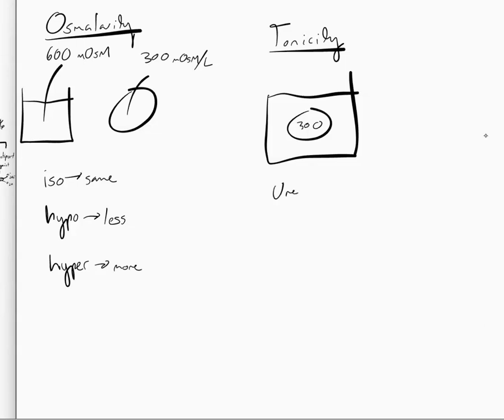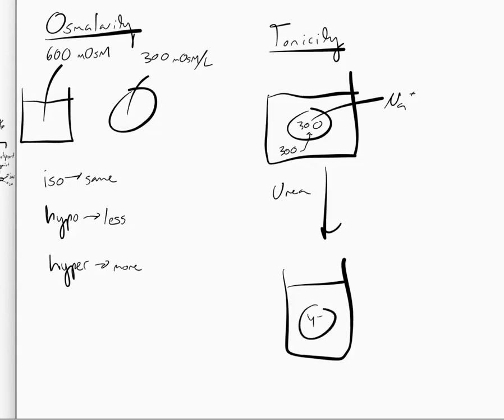So let's say we had urea, we put 300 milliosmoles of urea into the solution, and the cell consists of 300 milliosmoles of sodium. Then 150 would go into the cell from the urea, which would then end up with a cell that has a concentration of 450 total milliosmoles, and outside of the cell would be 150.